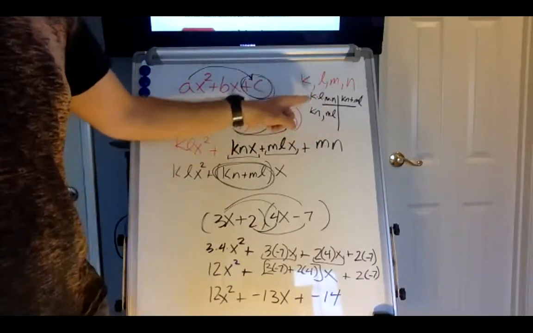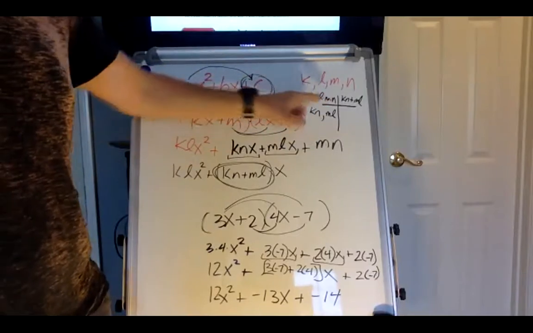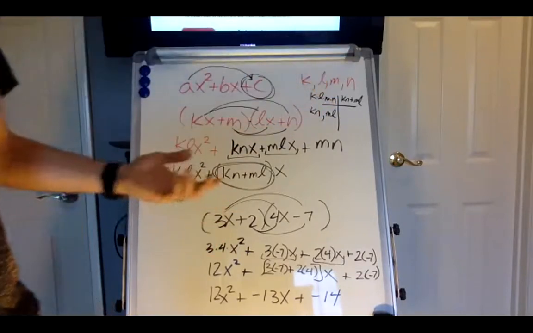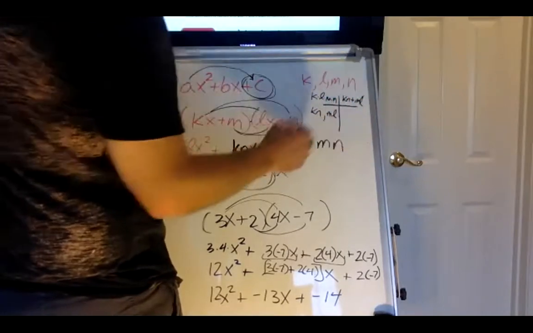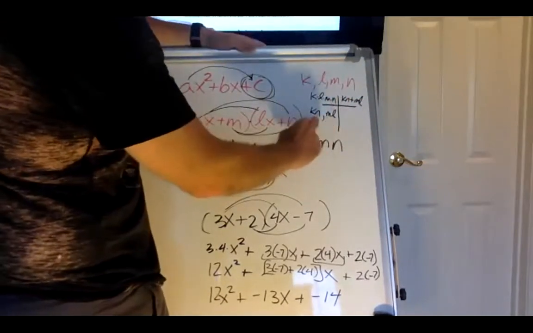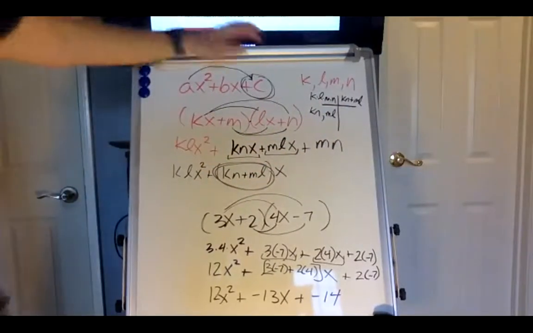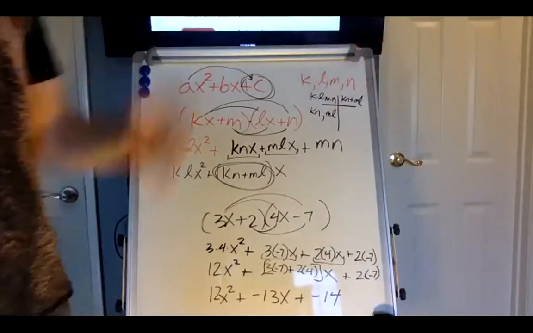When you multiply the A, which is KL, and the C, which is MN, then when you have to add up to Kn plus ML, you multiply Kn times ML, and it will give you KLMN. When you multiply these, you get this, and when you add these, you get that.